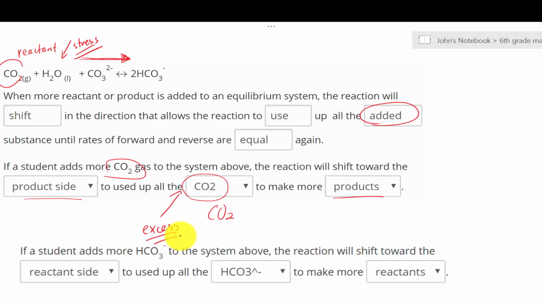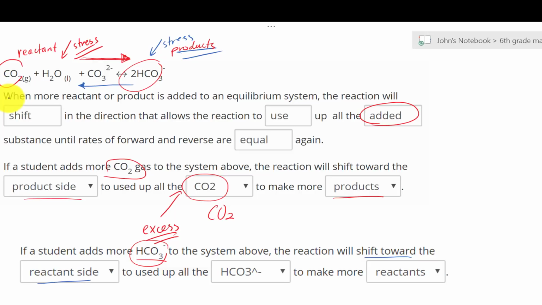Now let's look at another example. If a student adds more of this compound here, which is the product side, okay? So the product side, if we're adding stress to this side, well, what's going to happen? The reaction, of course, is going to shift toward this way to reduce that stress. So what's happening here is that it's going to shift toward the reactant side, making more reactant.